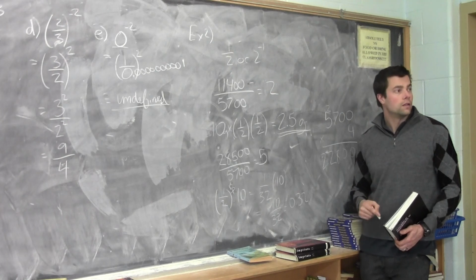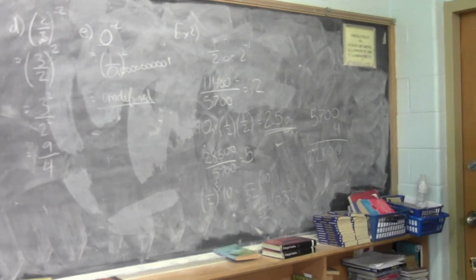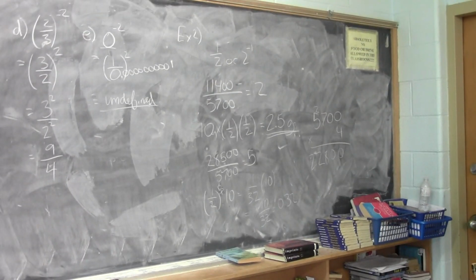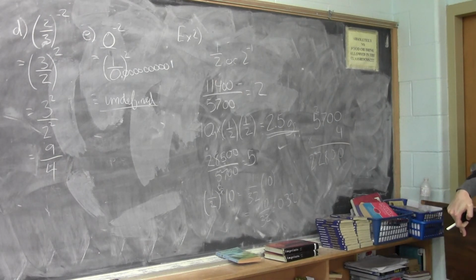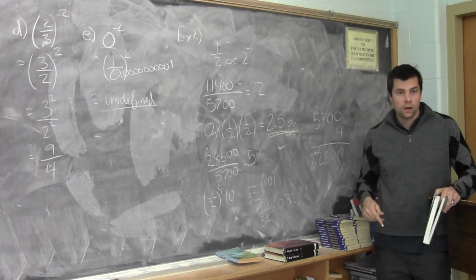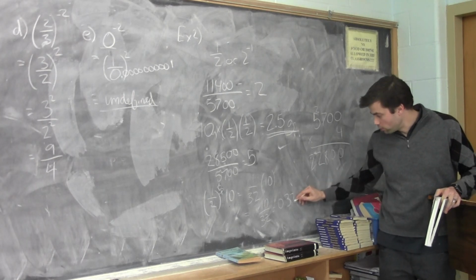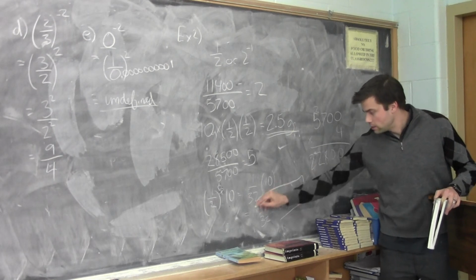I got 5 over 16. What's that equal to in decimal? 0.3125.